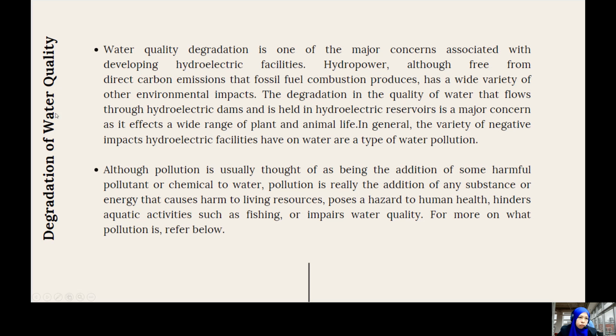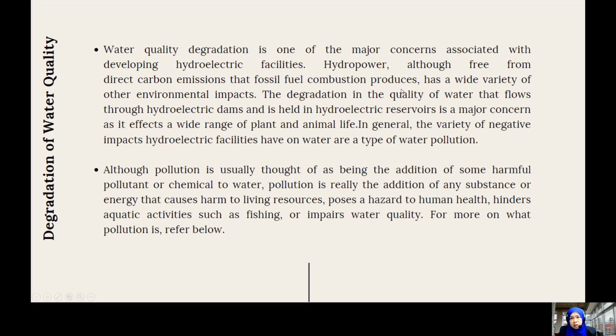Now, degradation of water quality. Degradation of water quality is one of the major concerns associated with developing hydroelectric facilities. Hydropower, although free from the direct carbon emissions that fossil fuel combustion produces, has a wide variety of environmental impacts.